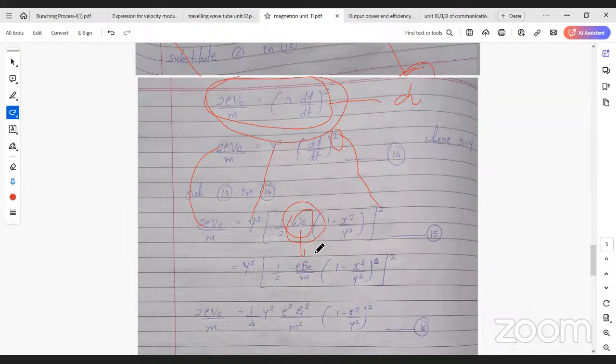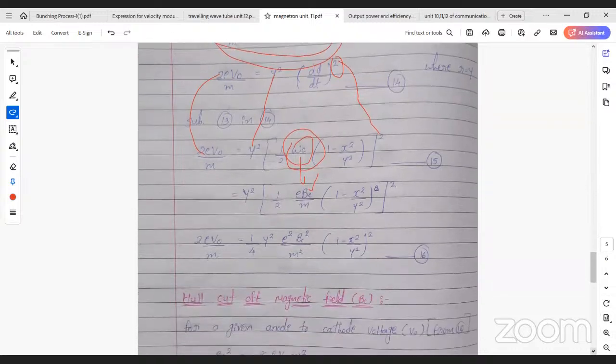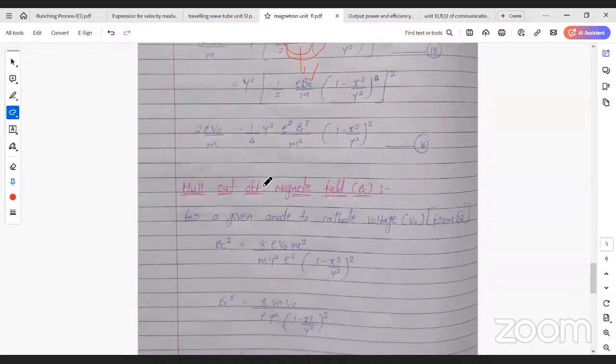Now what I am doing, I am calculating Bc. This Bc derivation is called what? Hall cutoff magnetic field. If you calculate Bc, that is called the Hall cutoff magnetic field.